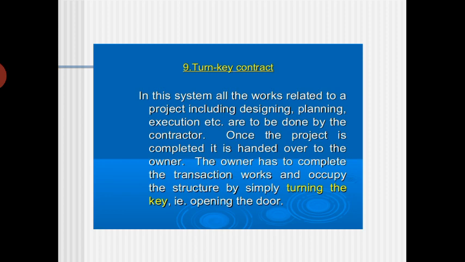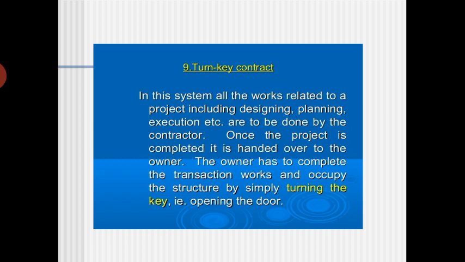So turnkey contract. This is the system: all works related to the project, including design, planning, execution, etc. So it is complete. Turnkey means, for example, if you are constructing one house or one apartment, you have to just give the key to the owner.